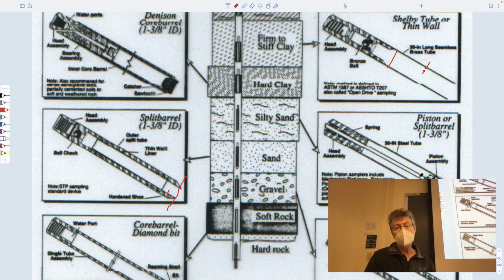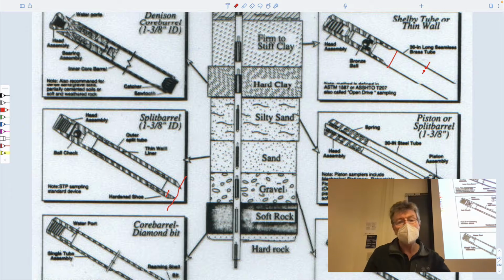time to retrieve the sample, because this piston now will be at the top of the sample, it allows you to kind of exert a vacuum. And that vacuum helps you keep the sample within the tube as you pull it up 10 feet or 20 feet or 100 feet up to the surface, and then take it off the sampler and then send it to the lab.